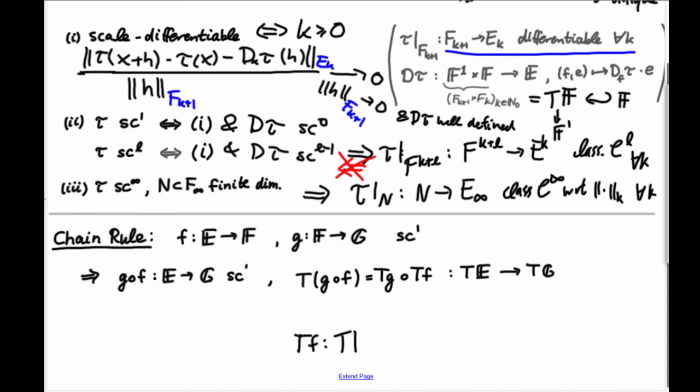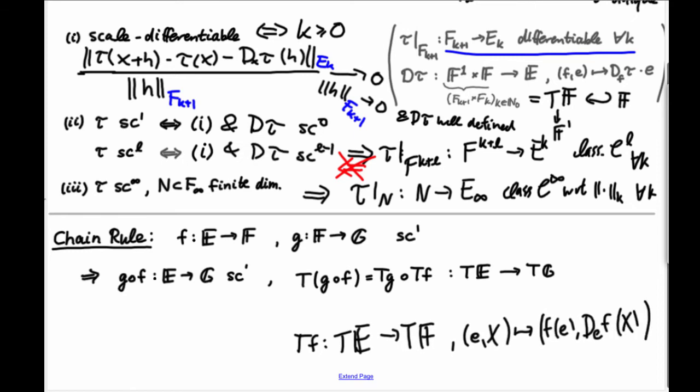That tau here was mapping from F to E, and this F is mapping from E to F. So this should map from TE to TF simply by being F in the first component and this differential in the second. And here these tangent spaces again are these shifted things: the first component shifted by 1, and the second isn't.